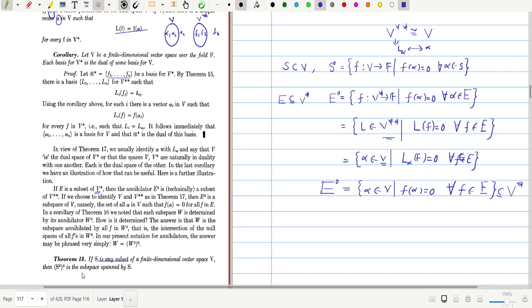That is the subspace spanned by S. So this is the identification of S double naught and S. Likewise V double star is equal to V.